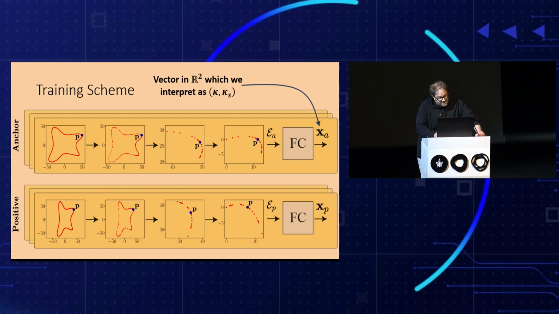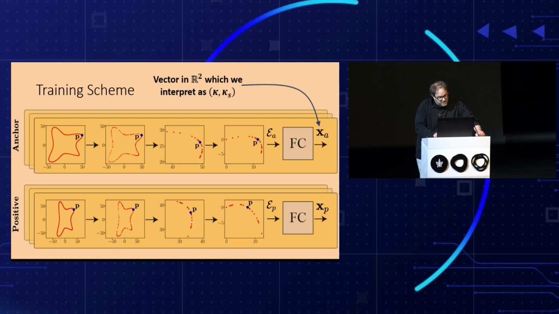For example, look at the upper row here to see how we build the anchor examples. We draw some random planar curve, take some random point on this curve, and downsample this curve, because we want our network to not be biased to a specific sampling scheme, which also means we have to be invariant to reparametrization of the curve.